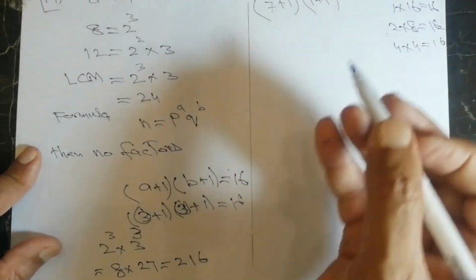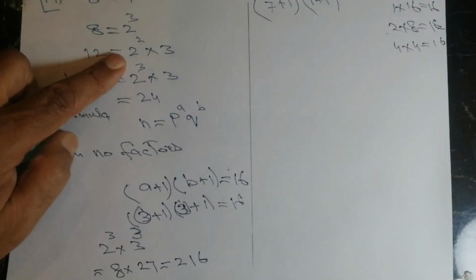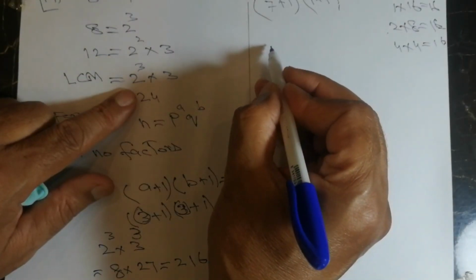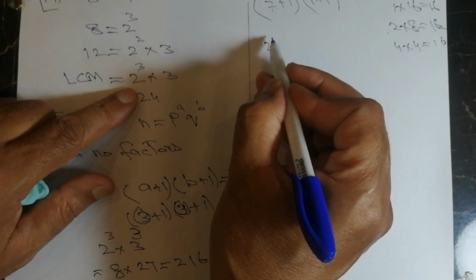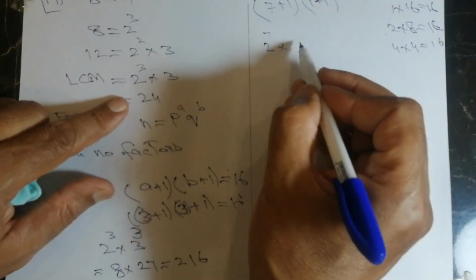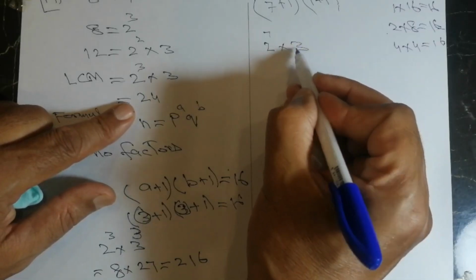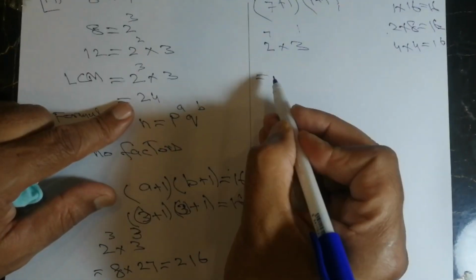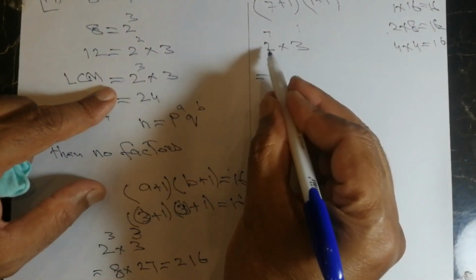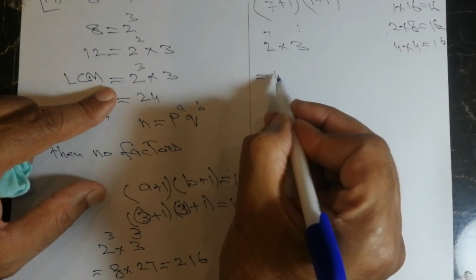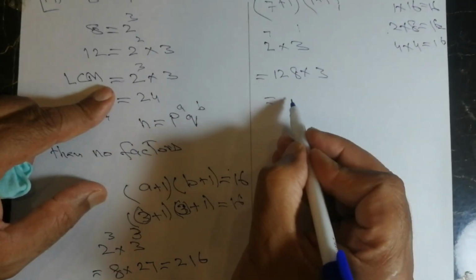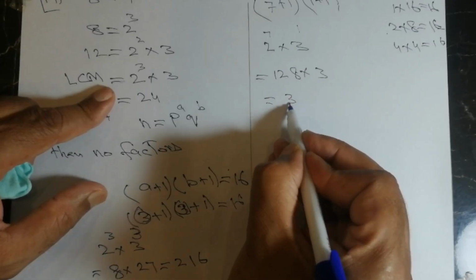So we have 2 raised to power 7 into 3 raised to power 1, that is equal to 128 into 3, that is equal to 384.